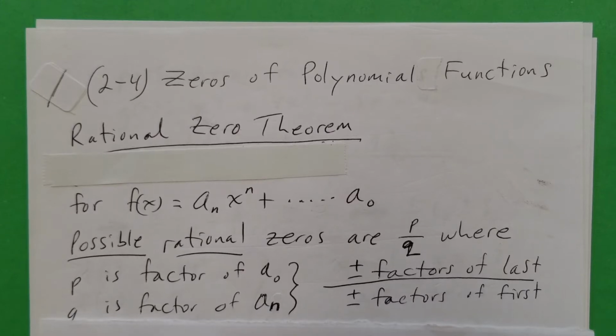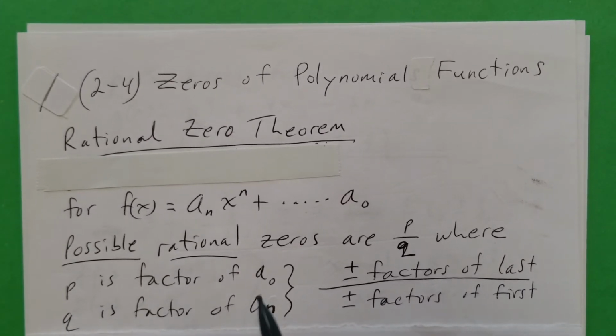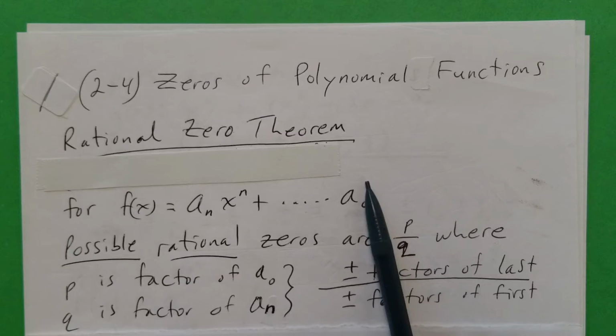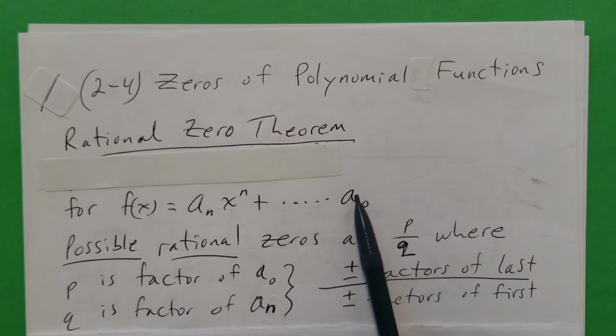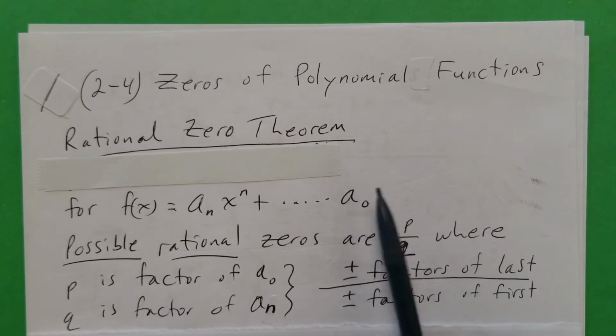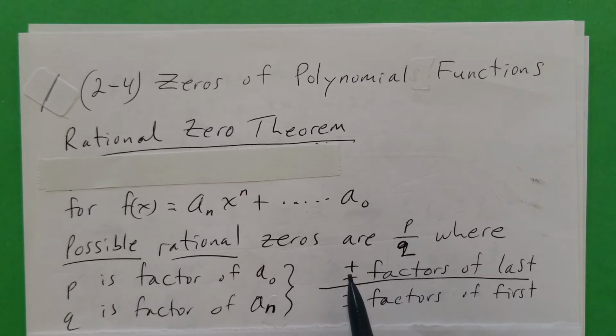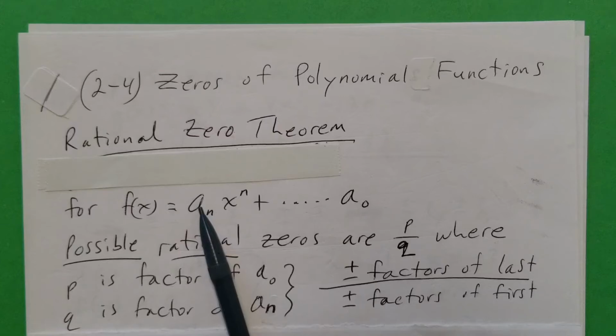Let's slow down. If you take this number and think of all the factors of this number, you'll have a list, and you put that list on the top of the fraction bar. Then you take this number, think of all the factors of this number, and you write those factors in a list on the bottom of the fraction bar, and then it's positive or negative all those factors, okay?